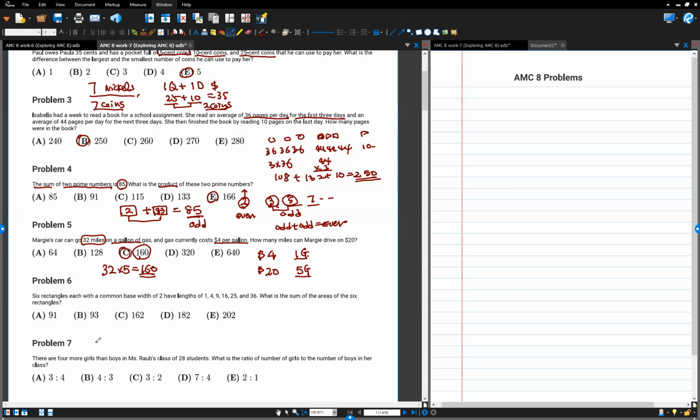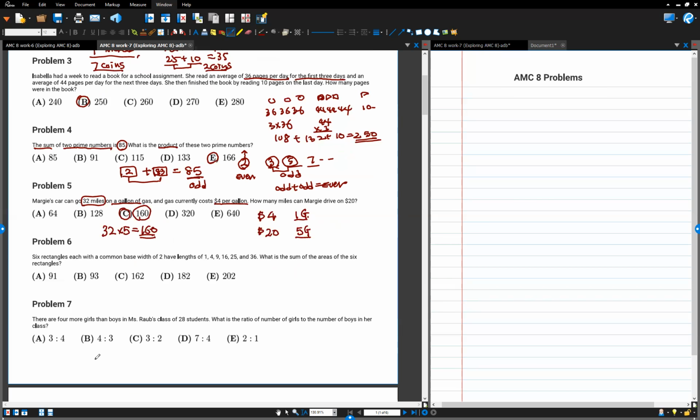Excellent. All right, number 6. We have 6 rectangles, each with a common base. The width of 2 is the same, they are all 2. But the length is different.